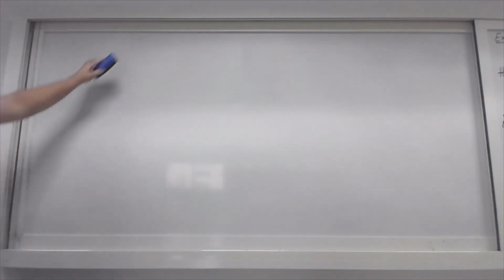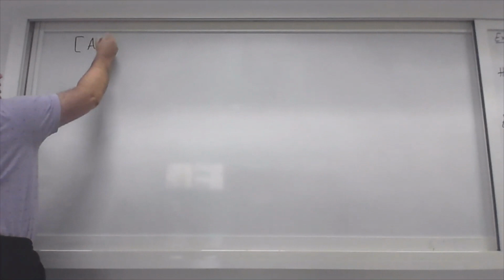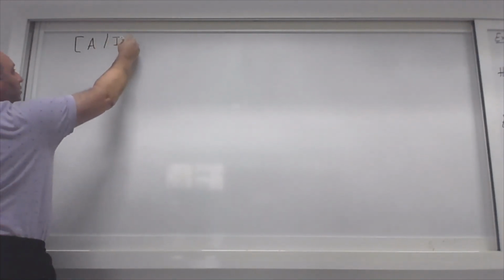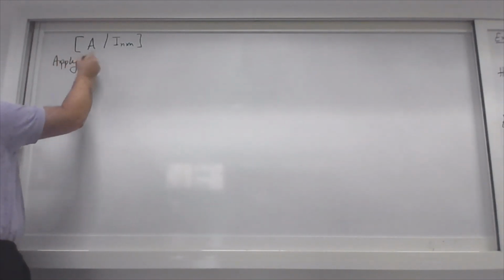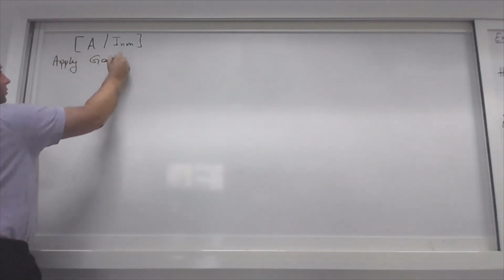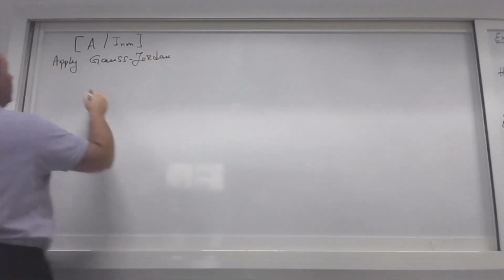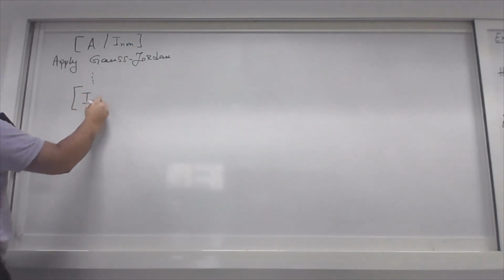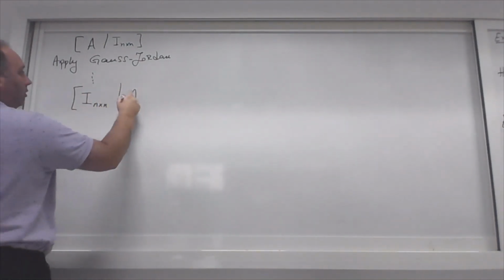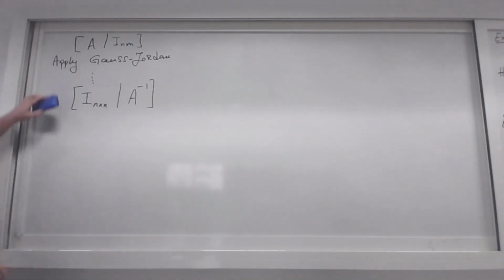What we want is to start with our matrix A and an identity of the same size, and then apply Gauss-Jordan, hoping that we will end up with identity on this side as a reduced echelon form, and on the right side we will have the inverse. Whatever is here will be the inverse. Well, that's if everything goes well.